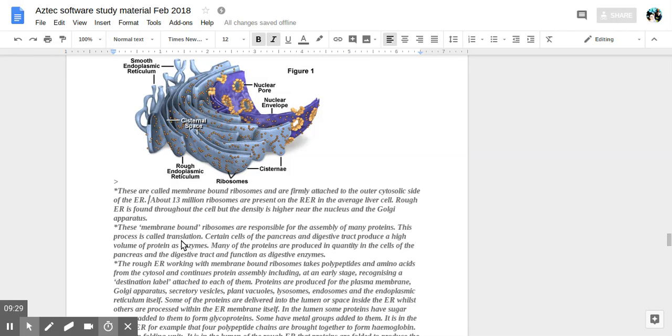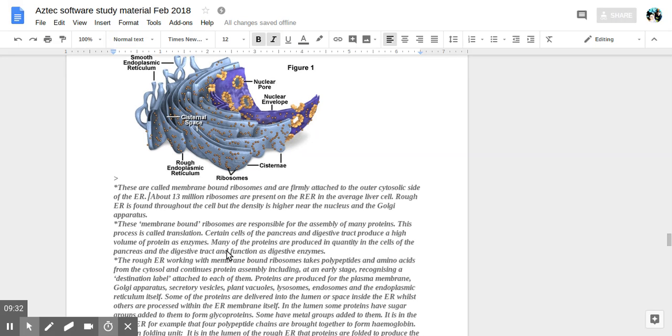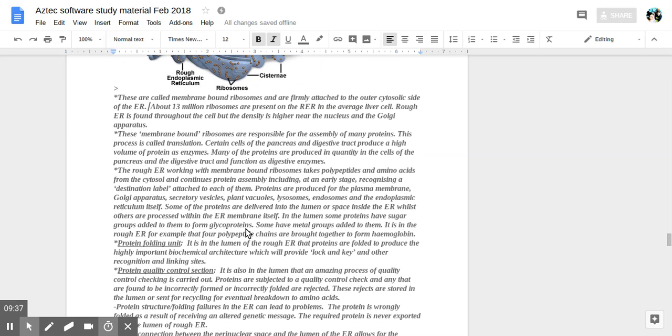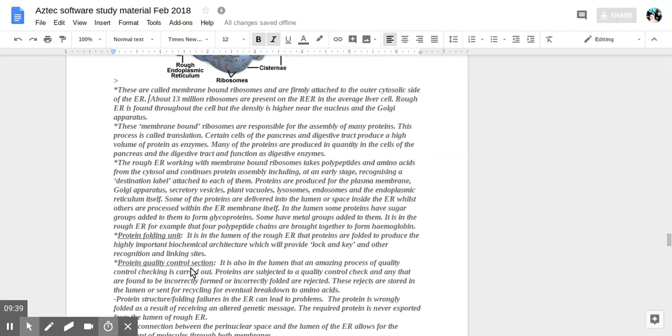Proteins are produced for the plasma membrane, the Golgi apparatus, secretory vesicles, plant vacuoles, lysosomes, endosomes, and the ER itself. Some of the proteins are delivered into the lumen, or space inside the ER, whilst others are processed within the ER itself. Thank you.